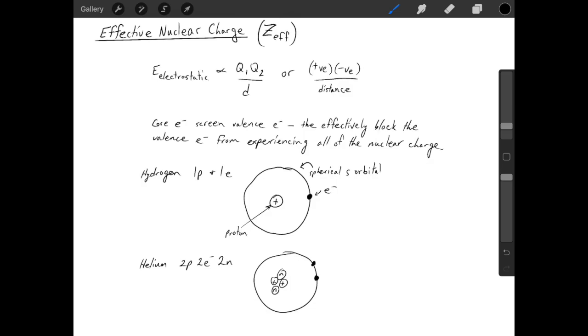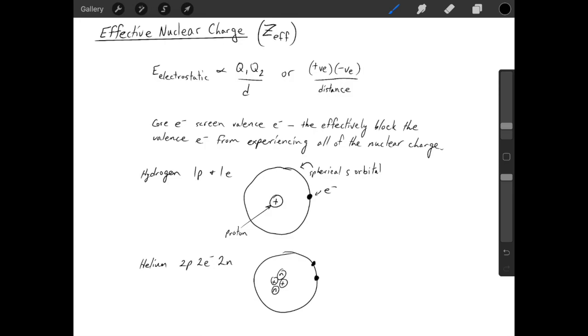In this situation, helium's electrons, its valence electrons, are both in that single s orbital, and they don't have any charged particles in between them and the nucleus, so they also feel the full nuclear charge.